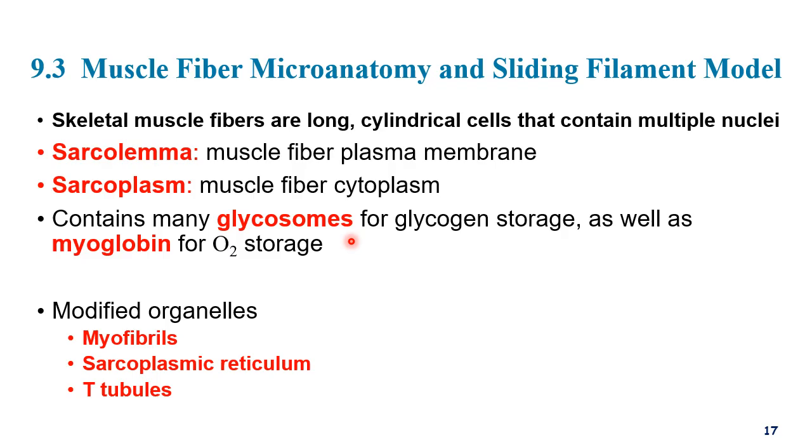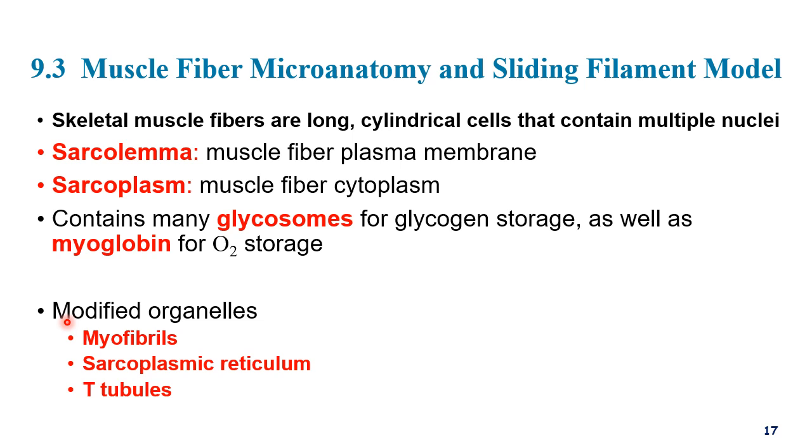When hemoglobin gets there with oxygen, myoglobin grabs the oxygen quite quickly away from the hemoglobin. So you have energy stored in glycosomes, and you also have myoglobin that is able to grab oxygen very easily.